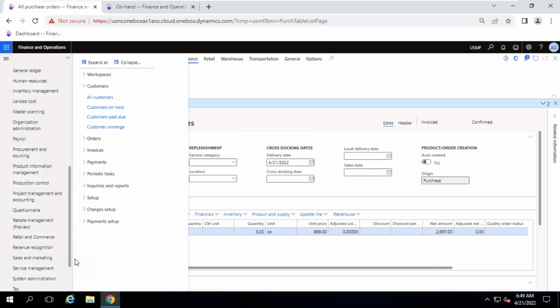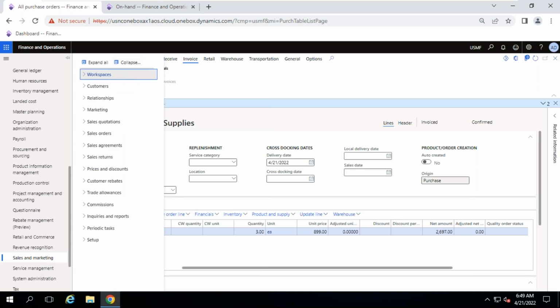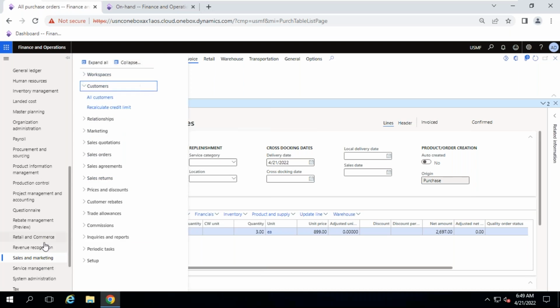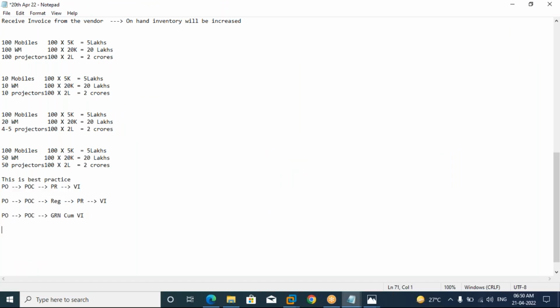Otherwise, sales and marketing, customers, all customers. For logistics consultant, the path for customer is sales and marketing, customers, all customers.